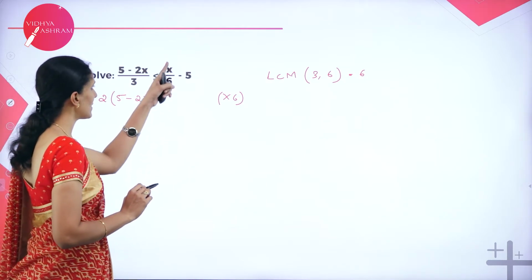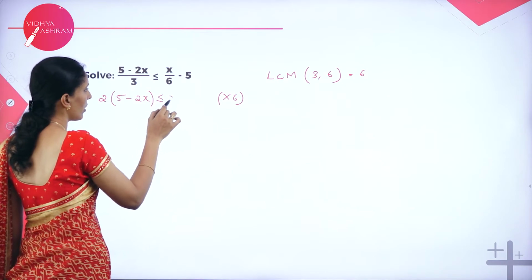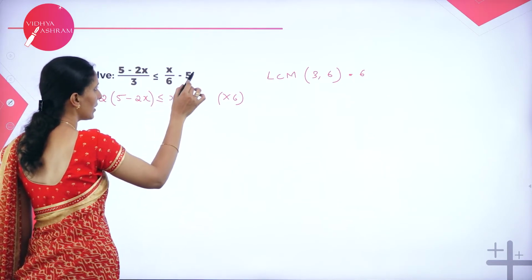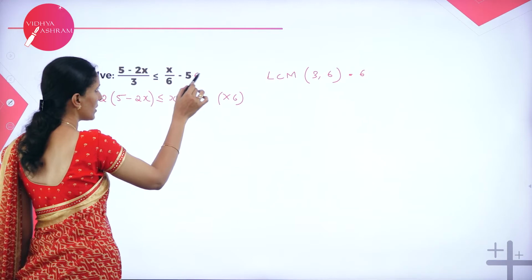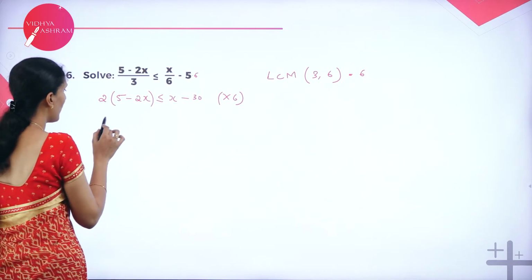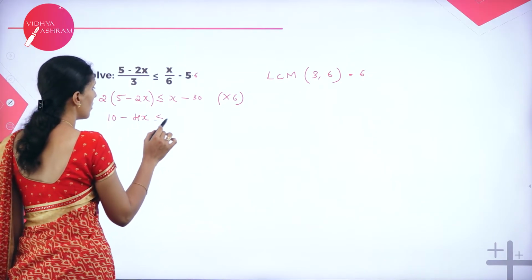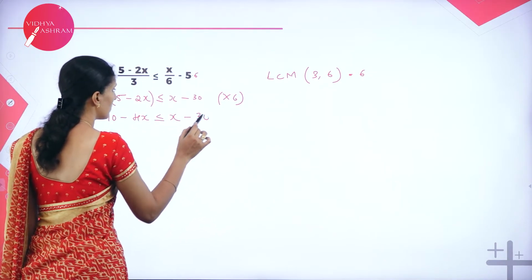Now multiply 6 here. 6 and 6 cancel, less than or equal to x, minus, 5 into 6 is 30. So now we get 10 minus 4x less than or equal to x minus 30.